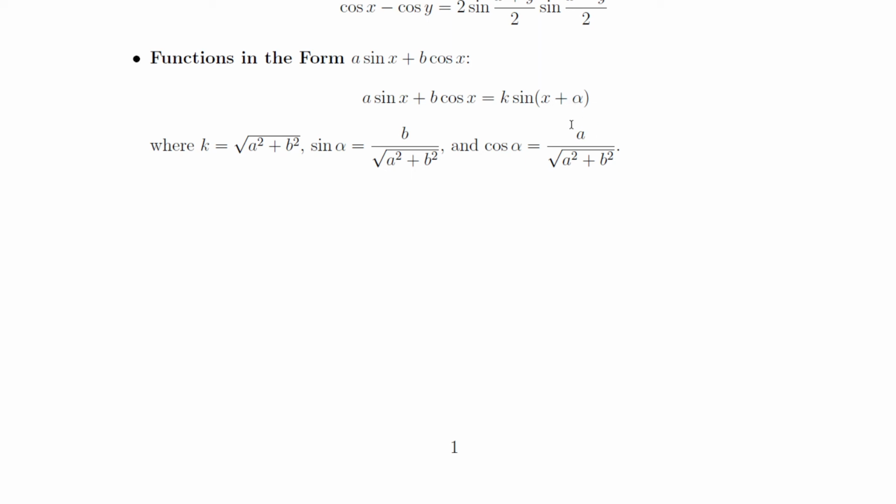And alpha is an angle. They actually define what these particular pieces are. So sine of alpha is going to equal this. Cosine of alpha is equal to that. K is using the Pythagorean theorem to work that all out.